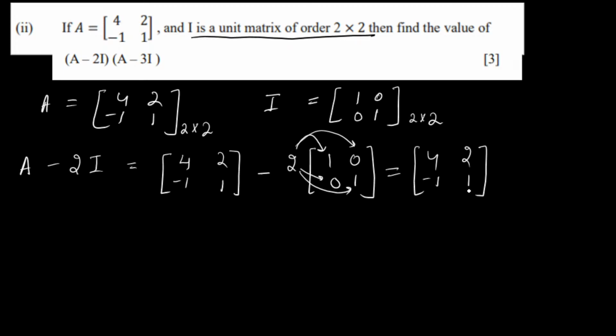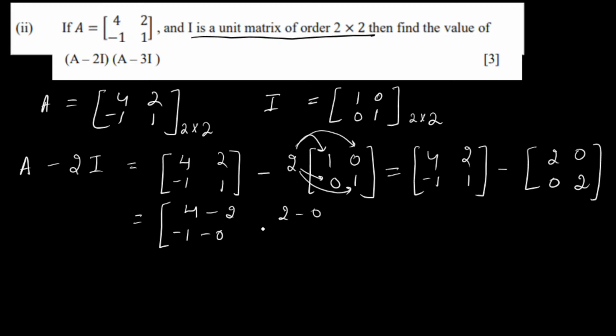So it is equal to 4, minus 1, 2, 1 minus 2, 0, 0, 2. Don't miss any steps in matrices, because you people try to miss steps and that causes so many sign mistakes. To avoid that, please write each and every step.